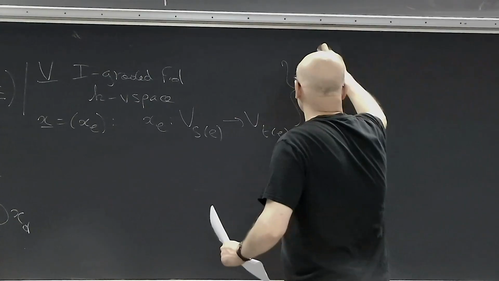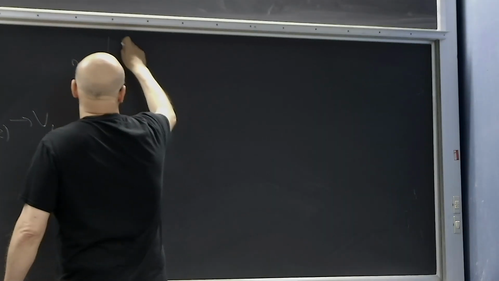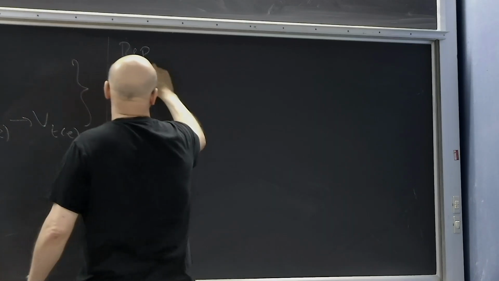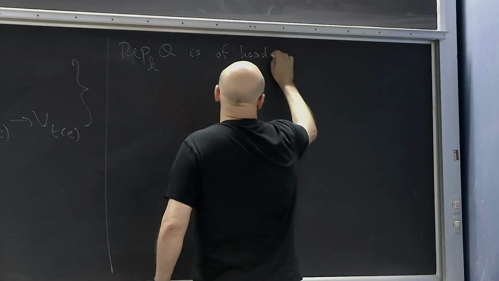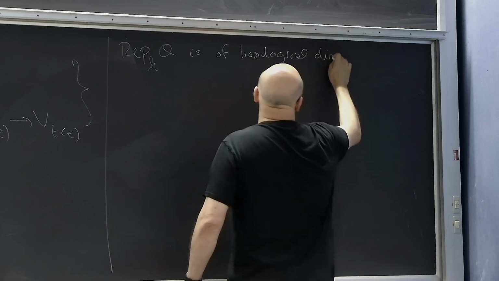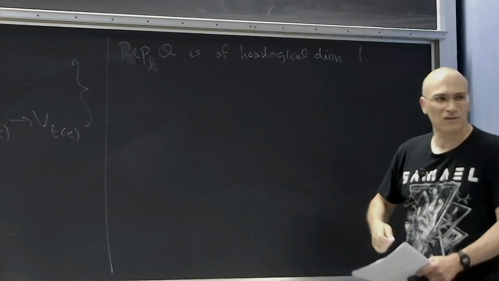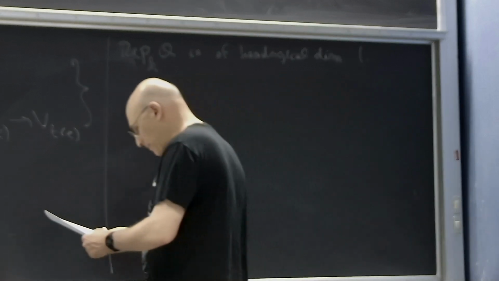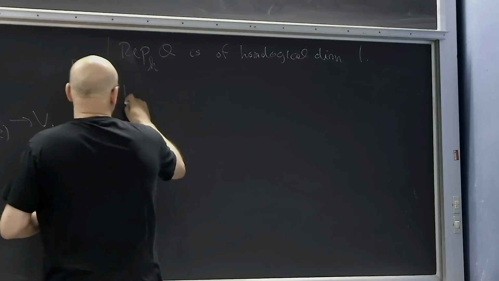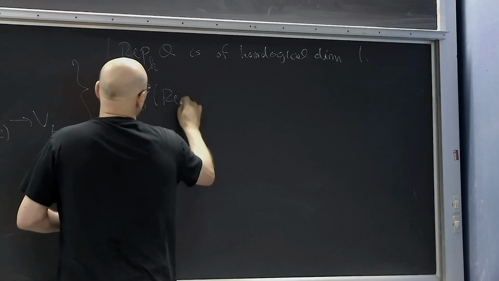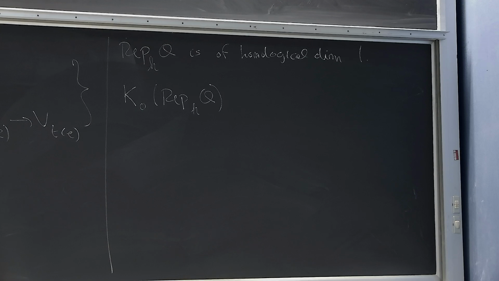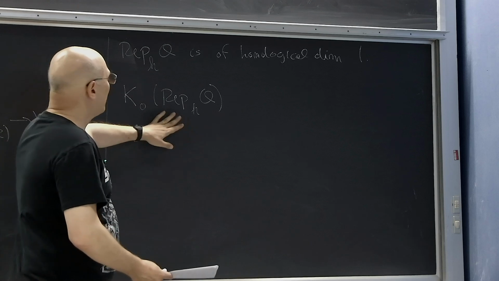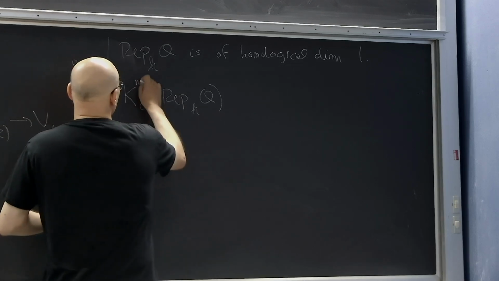All right, so what do we know about this category? It's not completely obvious, but it's a classical fact that this is of homological dimension one. So no Ext^2s, they all vanish. And moreover, if you look at the Grothendieck group of that category, and you equip it with the Euler form, which is dimension of Hom minus dimension of Ext^1, which always, as we know, descends to the Grothendieck group, then I can quotient this by the kernel of this form.